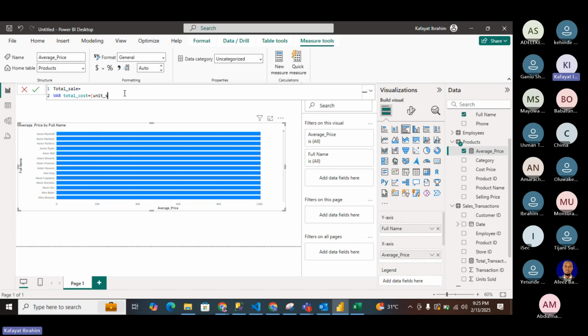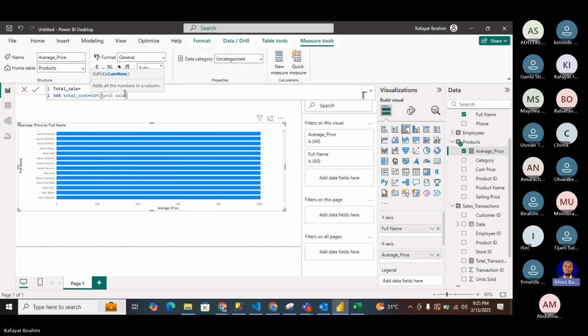Just use SUM of units sold. Open brackets. Units sold. You can remove the angle bracket.